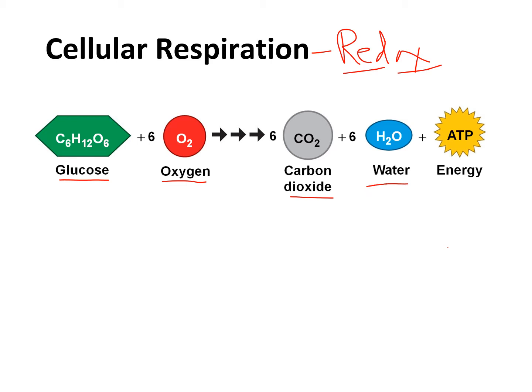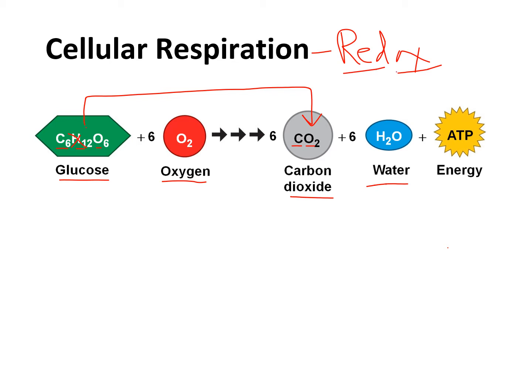In this case, glucose is going to be converted to carbon dioxide. So in this process, glucose has high potential energy. Glucose is composed of carbon, hydrogen, and oxygen, and carbon dioxide only has carbons and oxygens. So what will happen to the glucose is that these hydrogens are going to be removed.